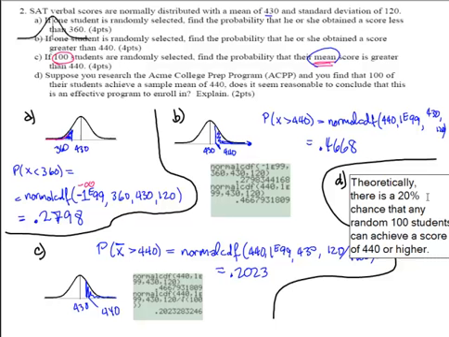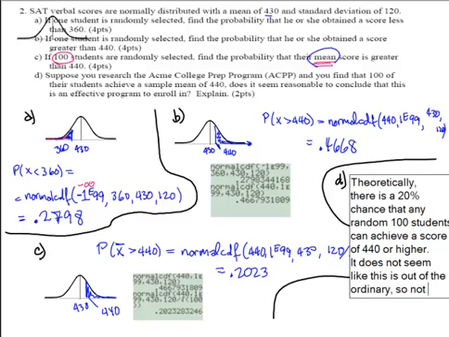So like as in the significance levels. So I'd say it doesn't seem like it's out of the ordinary. This is out of the ordinary. So not so effective, I would conclude.